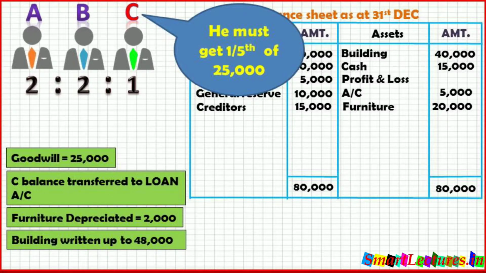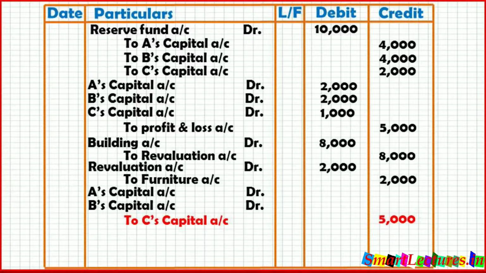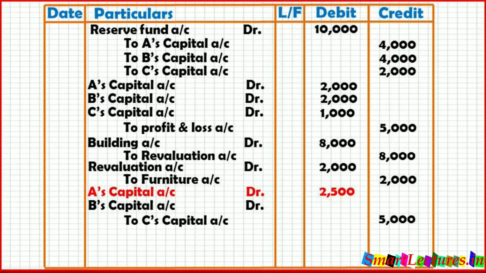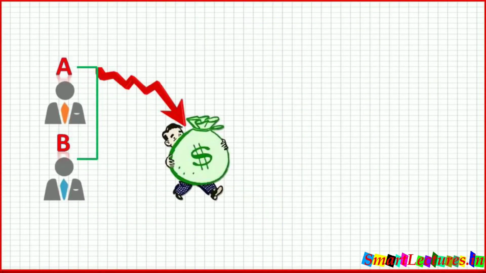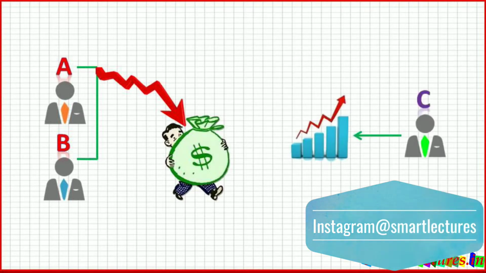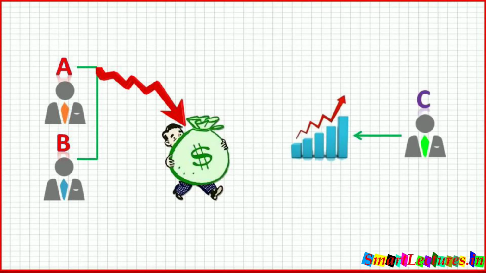It means to C's capital 5,000 rupees, and it is always compensated by A and B in the gaining ratio, and gaining ratio is 1:1. It means A's capital account will be debited by 2,500 and B will be debited by 2,500. In this journal entry, we can see that A and B are losing their capital, means the balance of capital, and C is gaining the balance of capital.